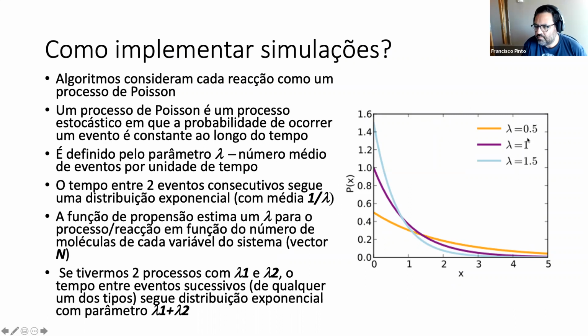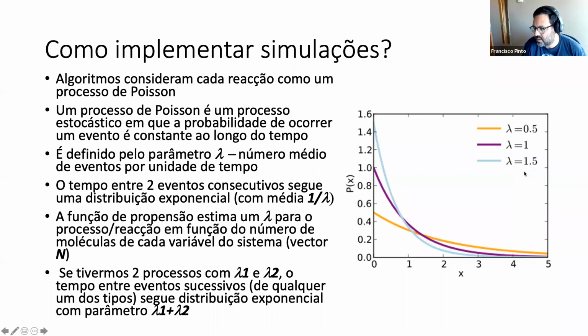So if you have a lambda of 1, the average time between two consecutive events will be 1, and the most probable time will be around 0. Most of the times between two consecutive events will be close to 0, and as we get longer times, those times will be much rarer, less frequently observed between two events.